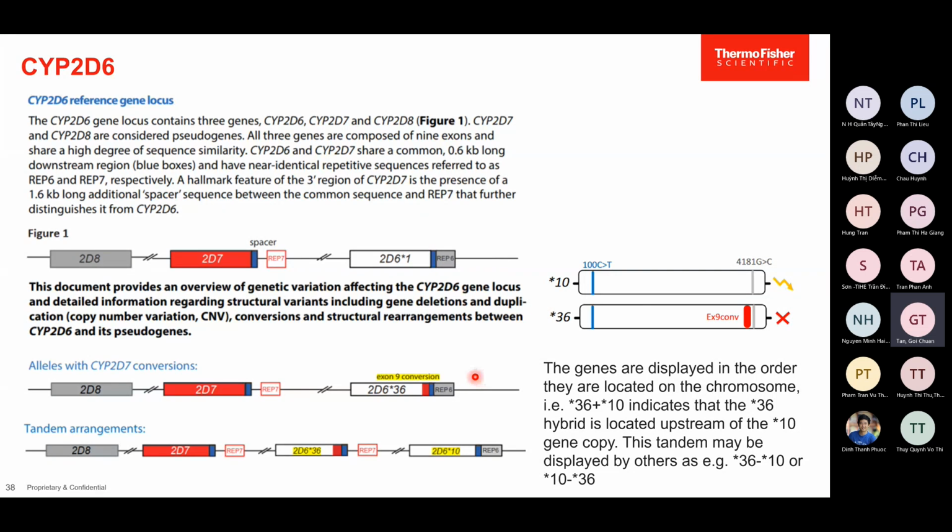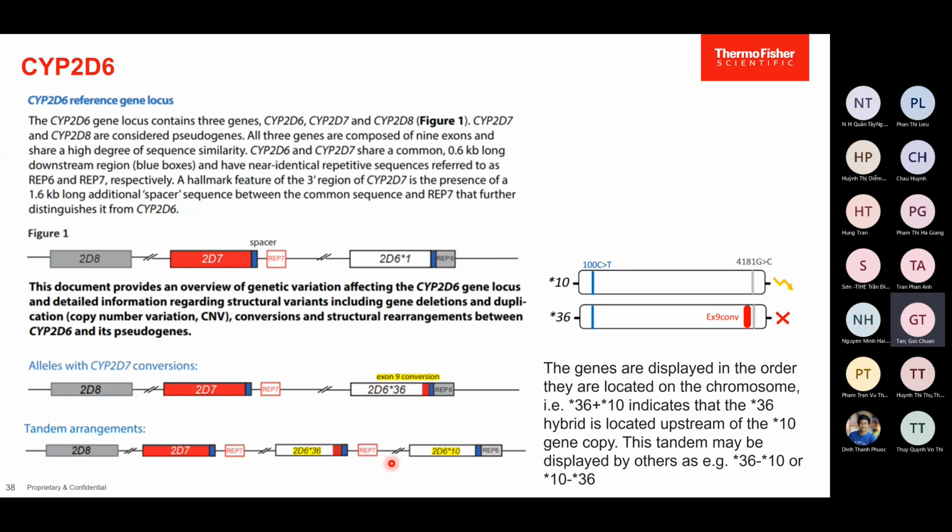And one of the very interesting structural variations is STAR36, whereby there's this exon 9 conversion, meaning that you can see part of the CYP2D7 gene is being inserted into the CYP2D6, which makes it not function well.